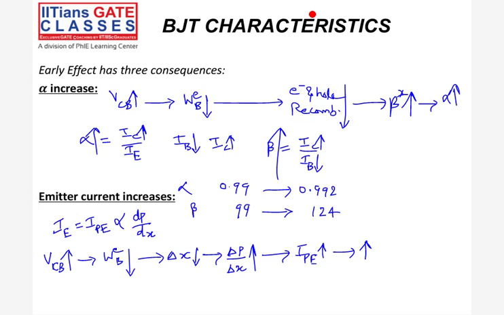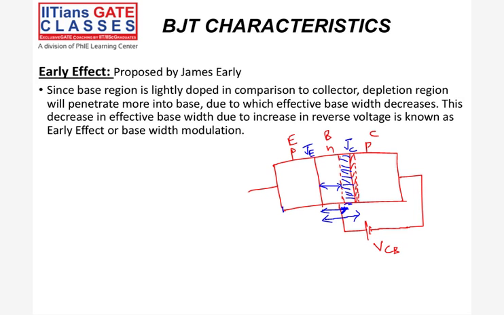This is base region delta X. So earlier the base region was having more delta X. You can see, in the base region, this is delta X. I have not written it here, but it is delta X, up to here only. So this delta X is reduced.